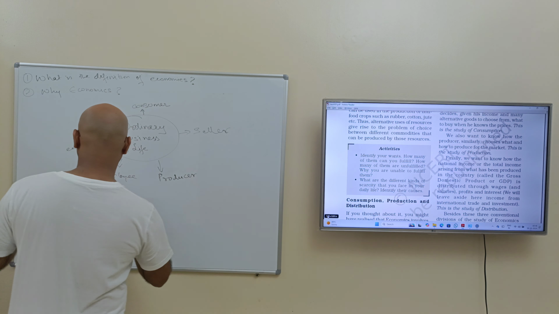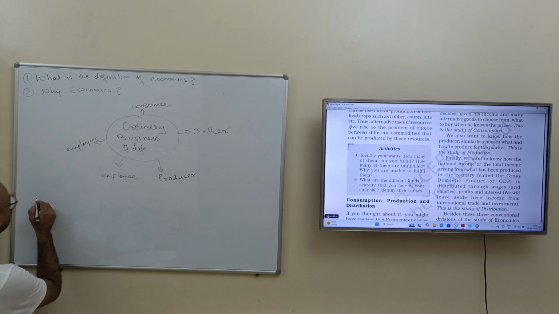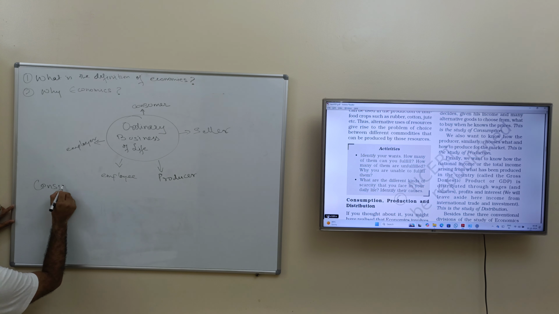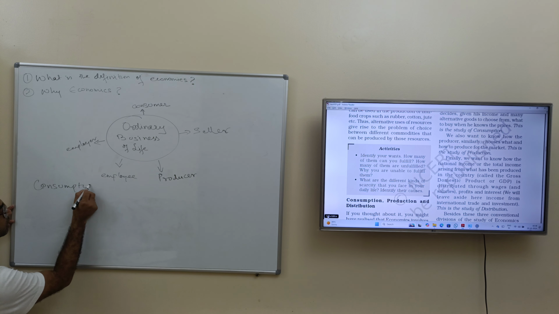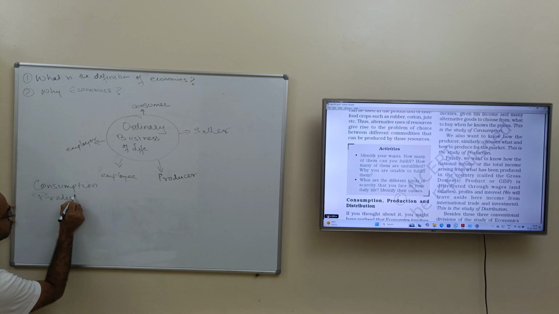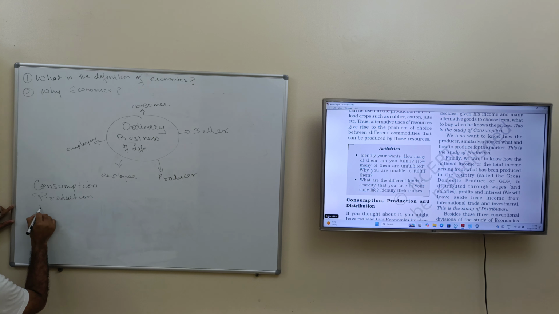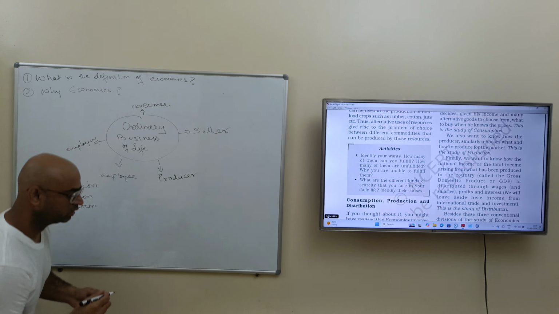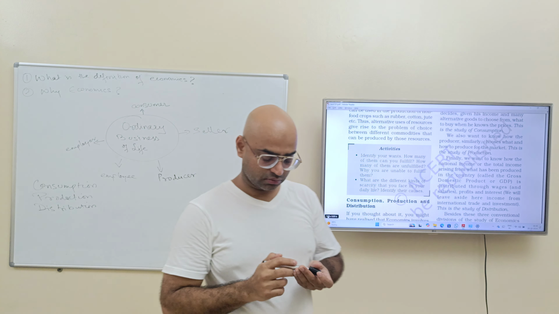So here, what we need to understand is consumption, production, and distribution. Now, who is doing consumption?